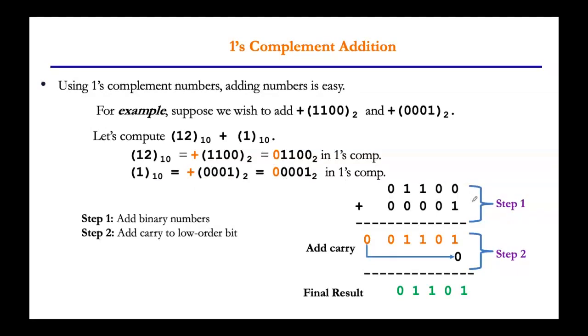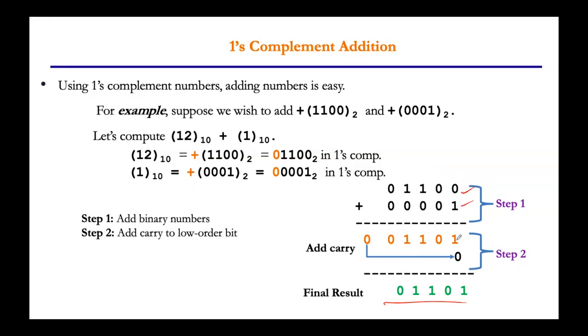Then add these two binary numbers. When doing ones complement addition, the important point is that you simply add the binary numbers, but if you find a carry bit, that carry bit will also be added to the result, and then it gives the final result.